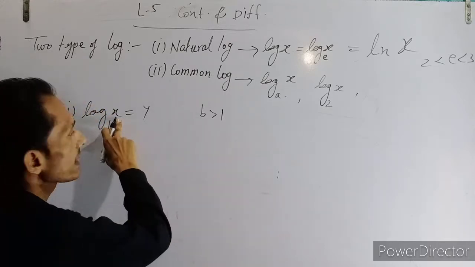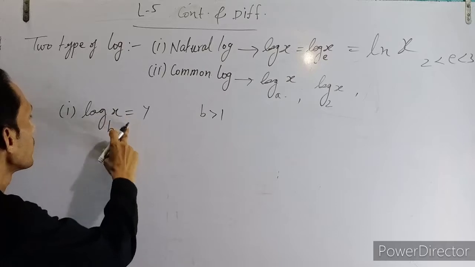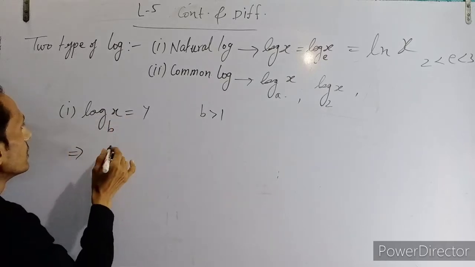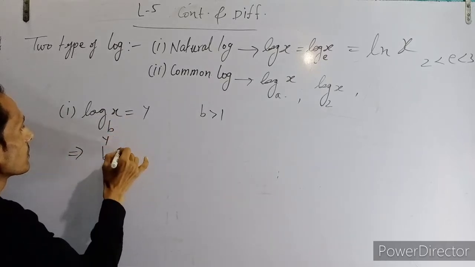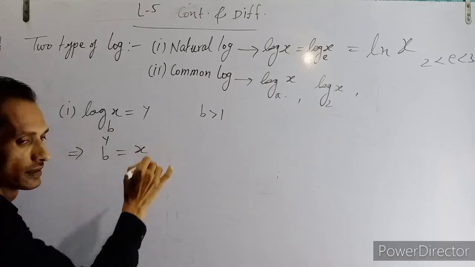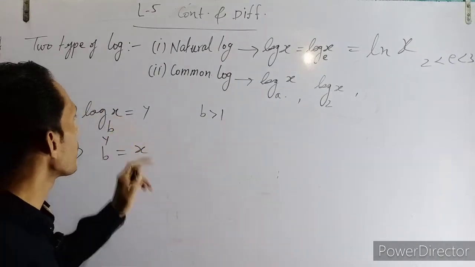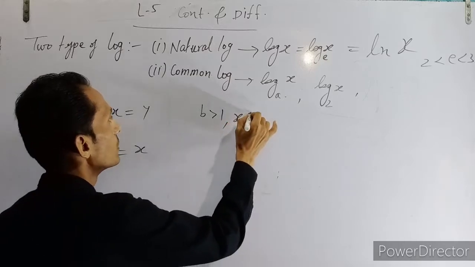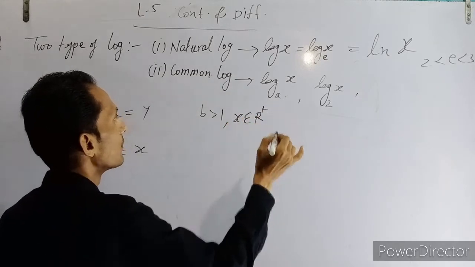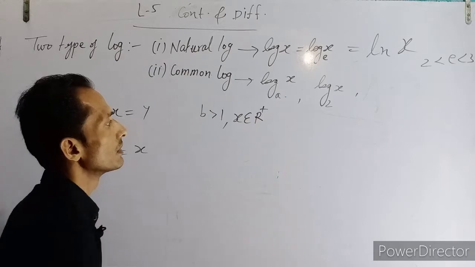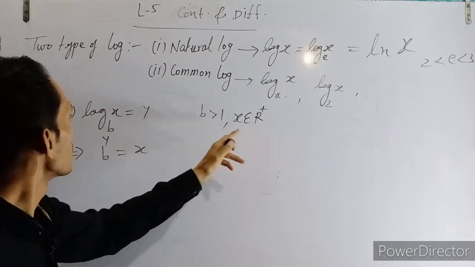And x is called the domain. If we simplify, it means b raised to the power y is equal to x. So you can see that x is always positive. x belongs to R positive, any positive real number, so that is called the domain.